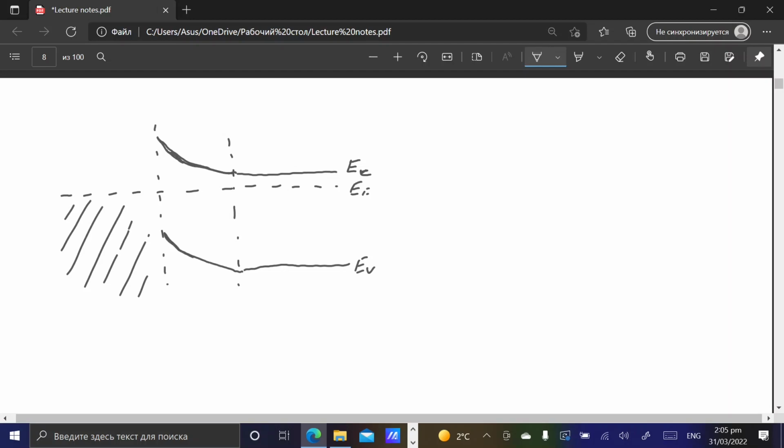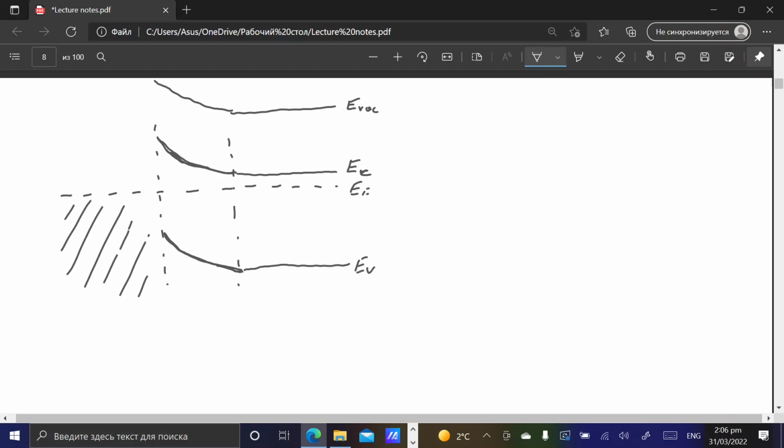Something like this. So if we show here vacuum level, it will be flat also in the neutral region of the semiconductor, and it will repeat band bending in the so-called depletion region. We will explain why this is depletion region.